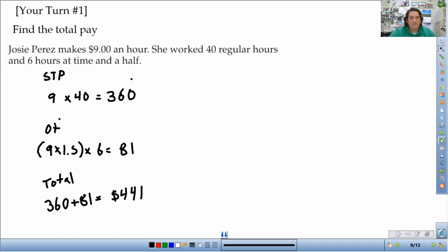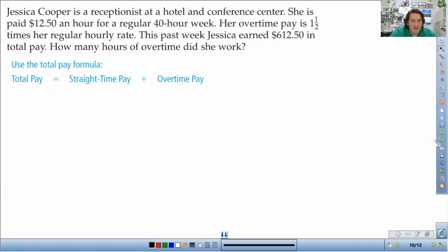Next problem: Jessica Cooper is a receptionist at a hotel and conference center. She's paid $12.50 an hour for a regular 40-hour week. Her overtime pay is 1.5 times her regular hourly rate. This past week, she earned $612.50 in total pay.